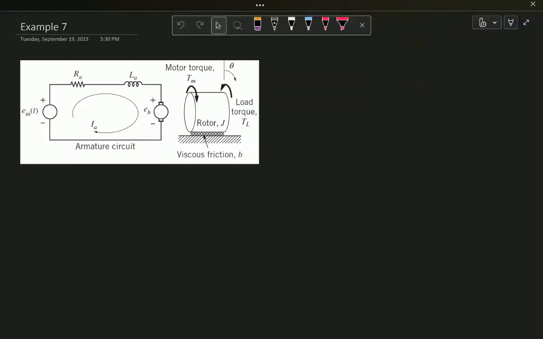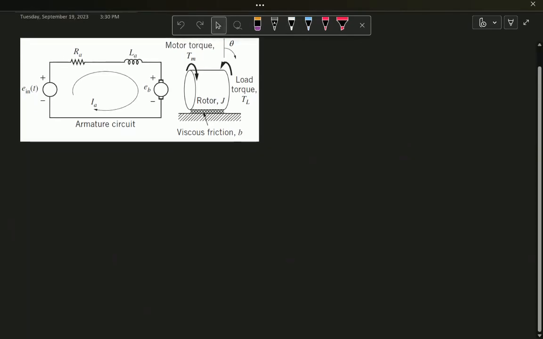What we can do with DC motors is consider two energy domains for these guys. The first energy domain is the electrical side, and the second energy domain is the mechanical rotation. The electrical domain is the one that deals with the wirings and back electromotive voltage and all the resistance and inductance because of the windings.